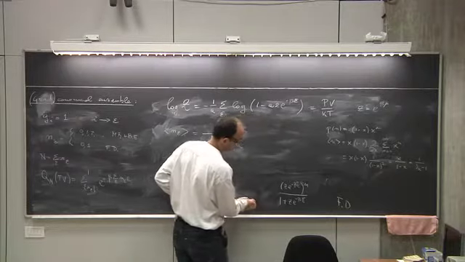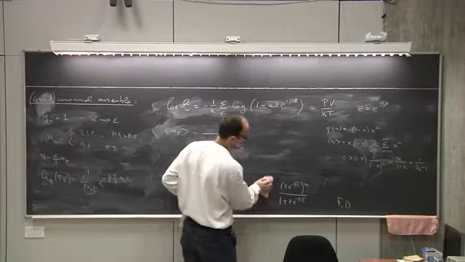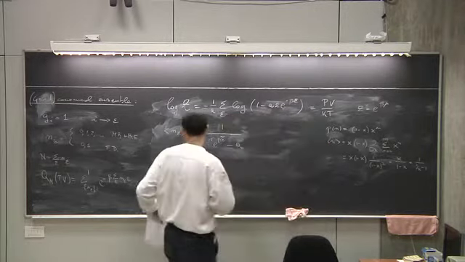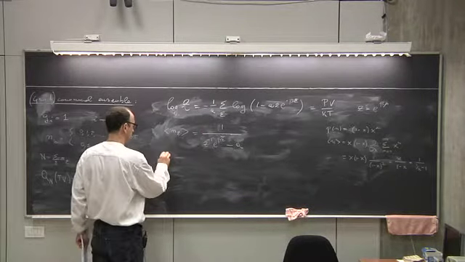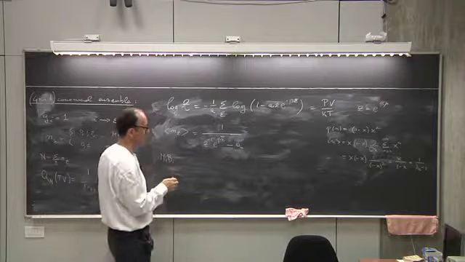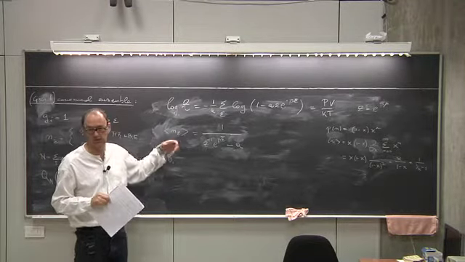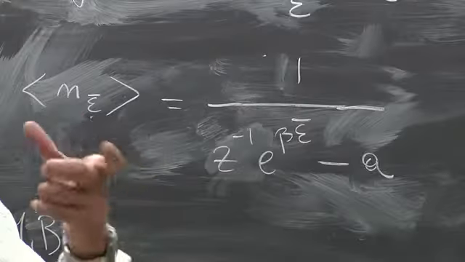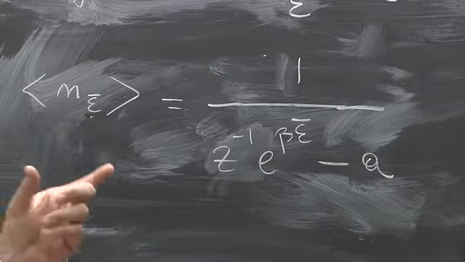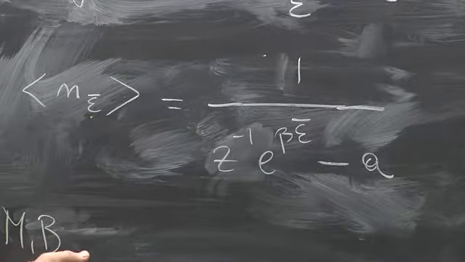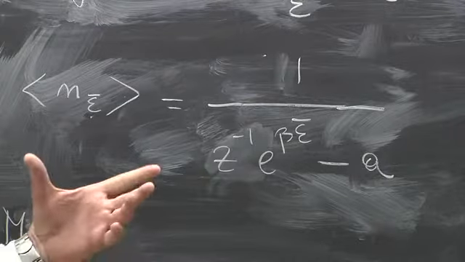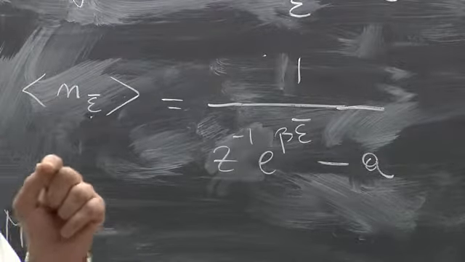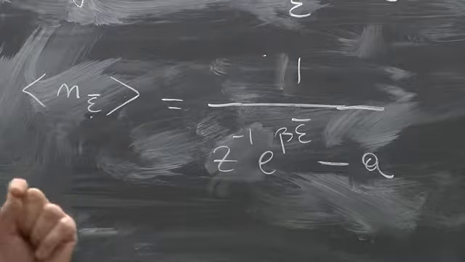And by the way, let me just mention that you see the probability of n of epsilon is geometric for the Bose-Einstein distribution, while instead it is only 0, 1 for Fermi-Dirac. For the Maxwell-Boltzmann case, you can do the whole derivation. The only thing which changes is that there is a factor 1 over n factorial on each of the energy levels.